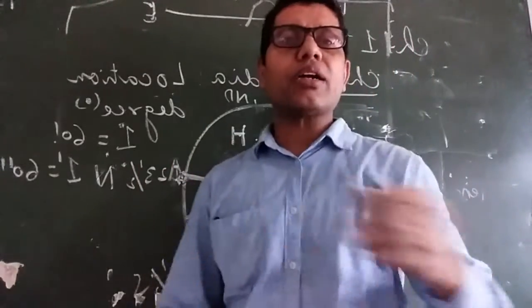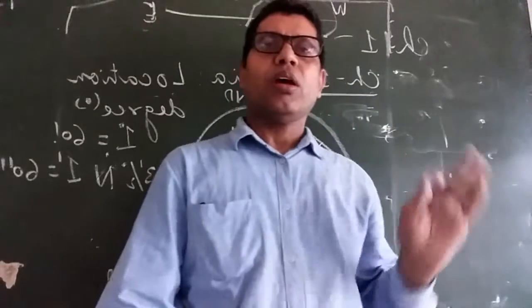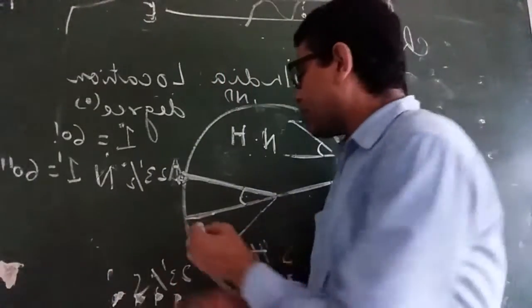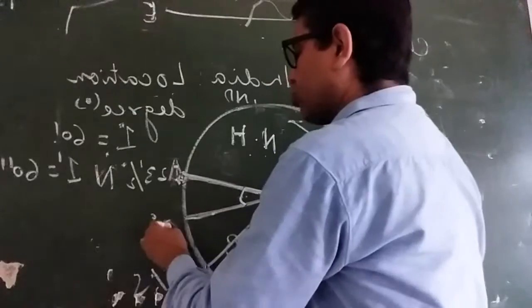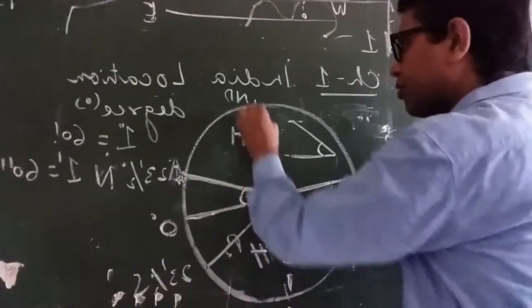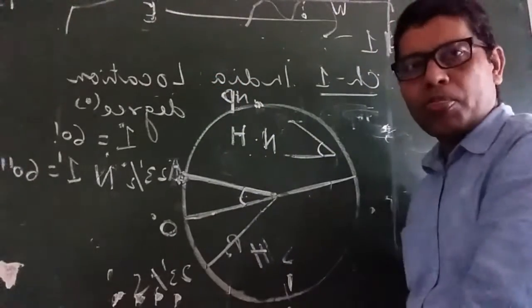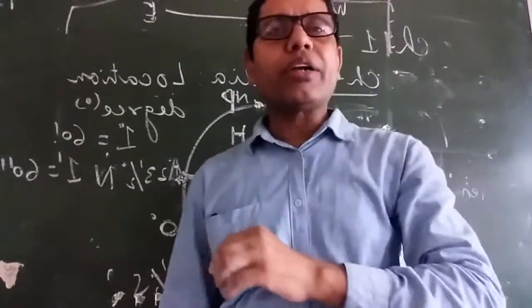So latitude is an angular distance of a place. The equator is taken as 0 degree latitude, so from here we measure it. Now suppose this place is the North Pole. What would be its latitude?